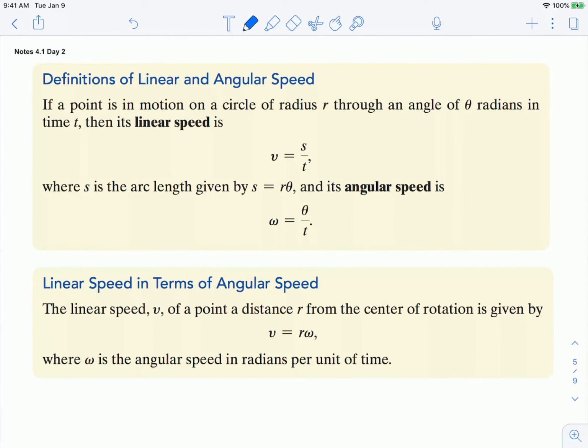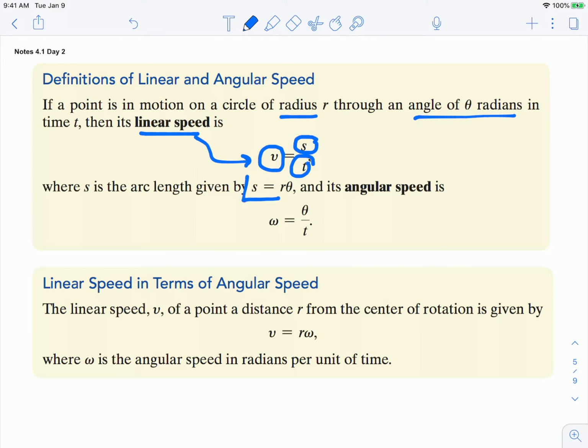So please make sure you pause when you need to. So the first yellow box has the definition of linear speed and angular speed. So the first formula is linear speed. It's denoted by the letter V, and then the S is your arc length in radians, and then T is your time.